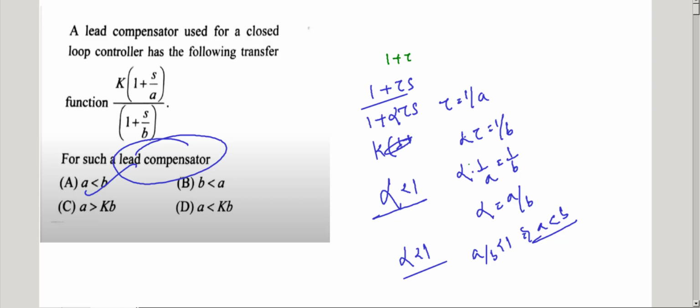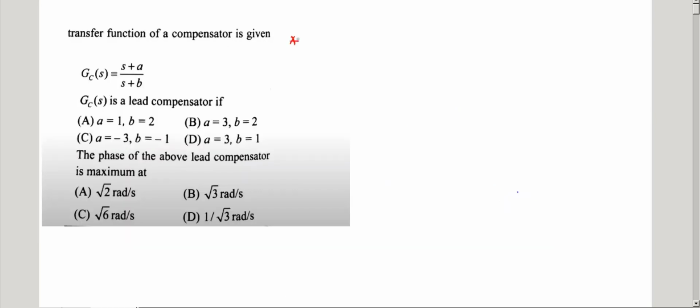Next question. So let's see the next question. The transfer function of a compensator is given. If it is a lead compensator, what is the value of a and b? Okay, so what I said is that the standard form is 1 plus tau s by 1 plus alpha tau s. Write it in that form: 1 plus s by a divided by 1 plus s by b.